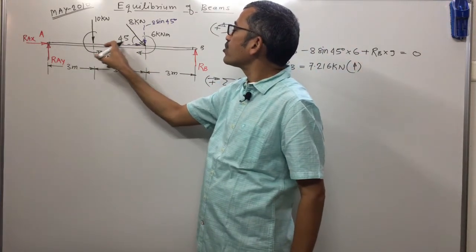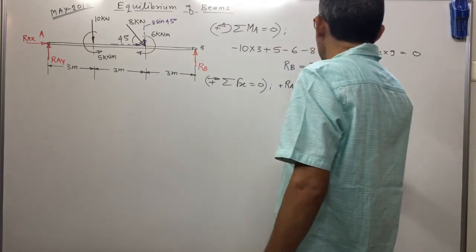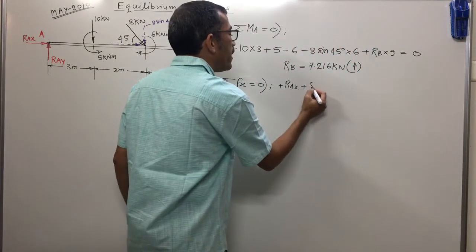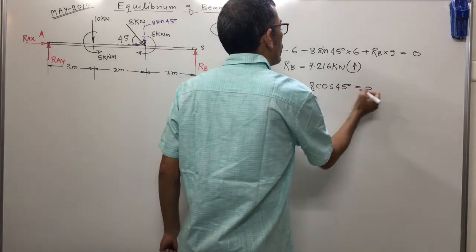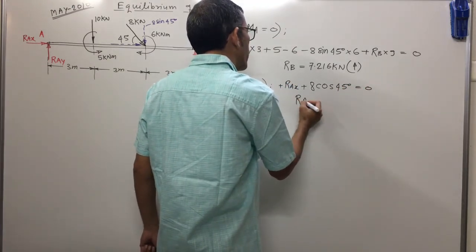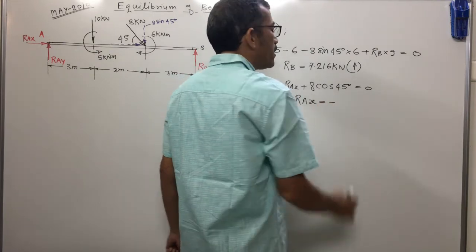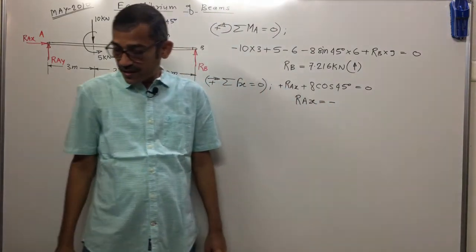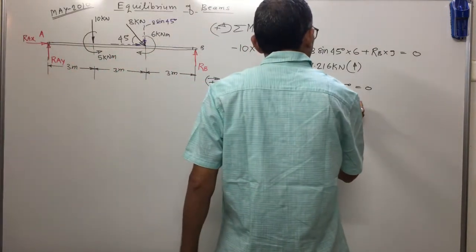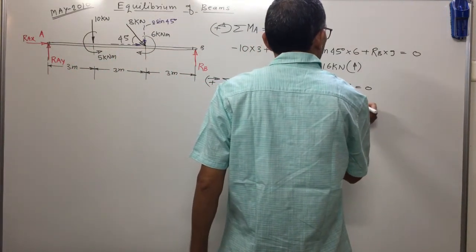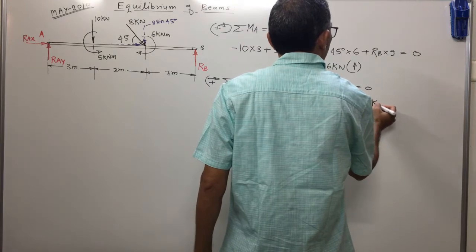Component of 8 is also acting rightward. That means plus 8 cos 45 equal to 0. That means RAX we will definitely get with a minus sign. What will we get for RAX? 5.657 kilonewton.